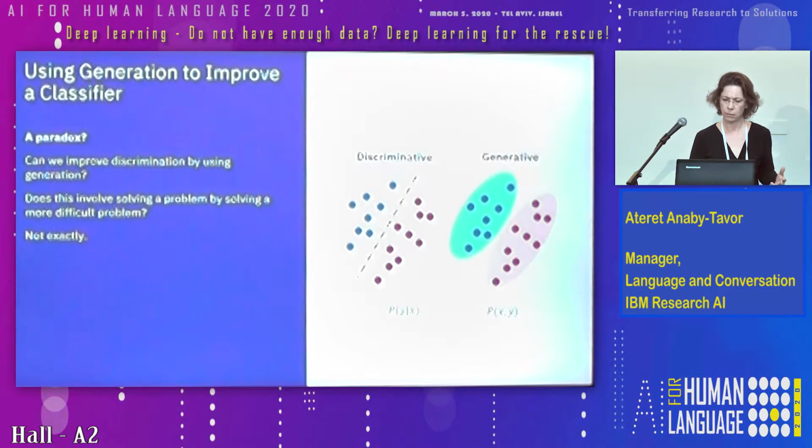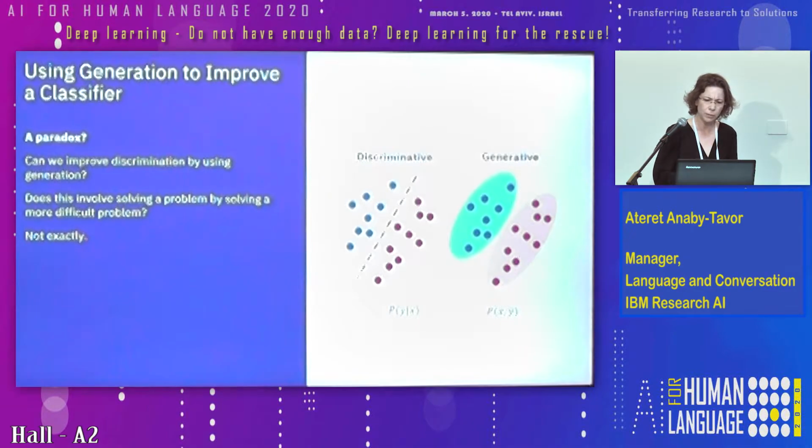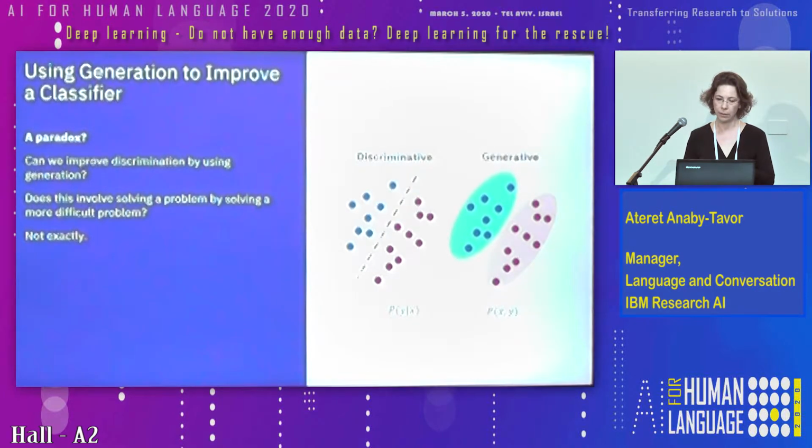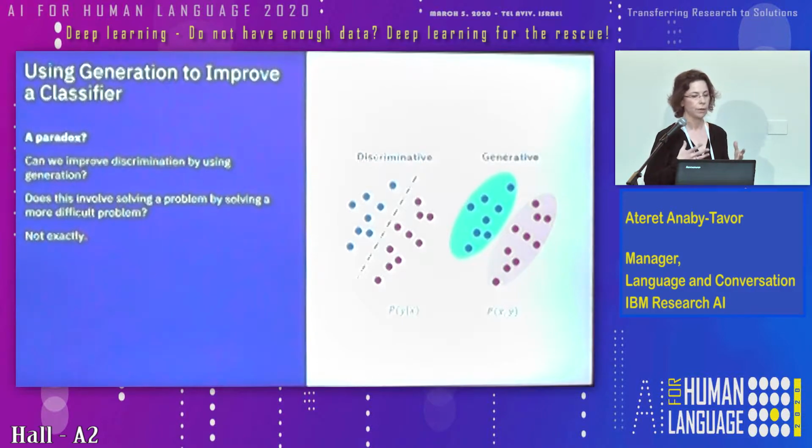So, am I suggesting to solve the classification problem with a much more difficult problem? Well, not exactly, or better yet, not anymore, because now we have a mechanism called the transformer, which is a game changer in the world of NLP.